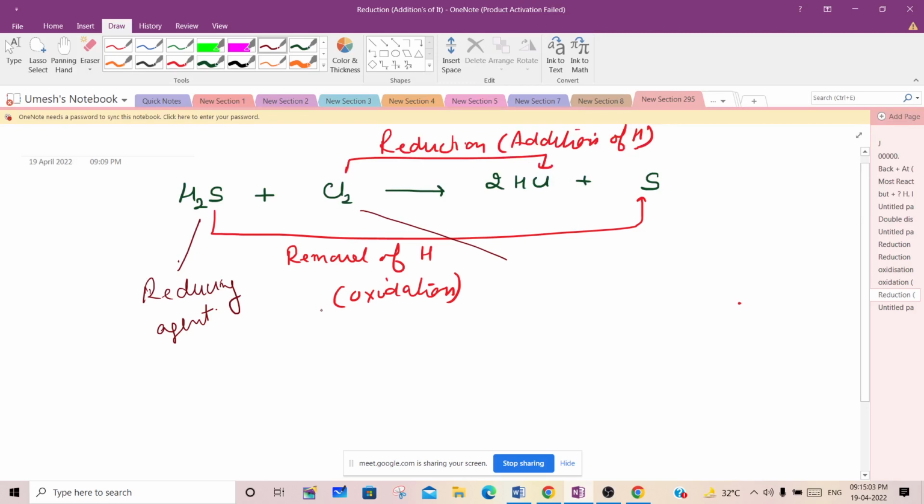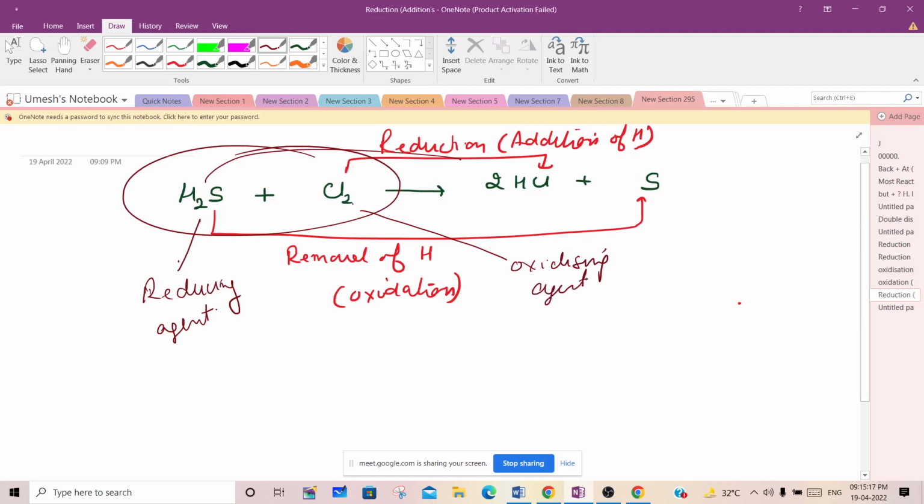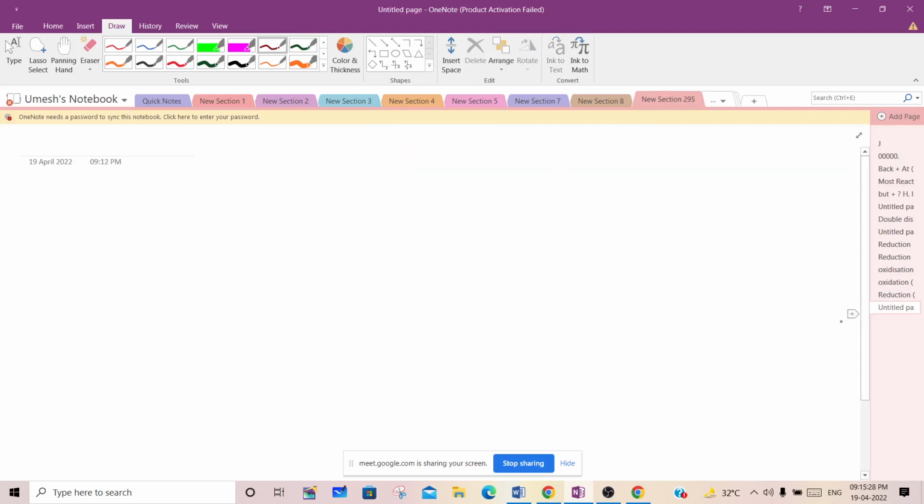Sulfur. It is only the reactant side. Chlorine. Chlorine is taking out the hydrogen from the H2S. Oxidizing agent or reducing agent is to be determined from the reactant side only. One of the two is oxidizing agent, other is the reducing agent. Right? Okay. Now, I am giving you one more example.